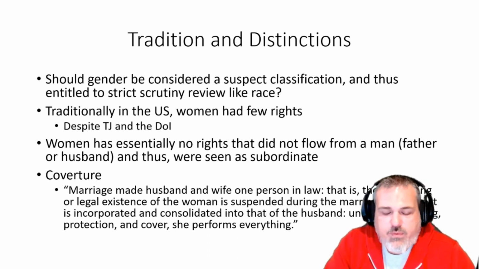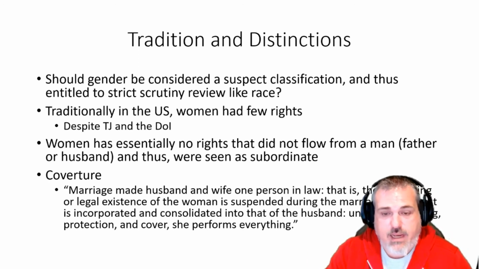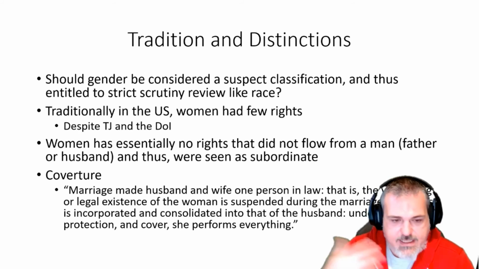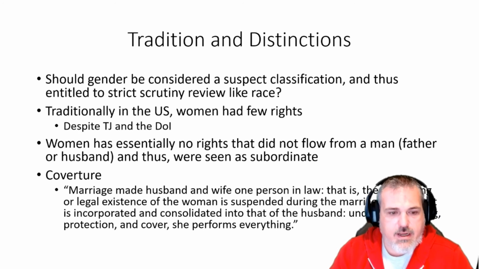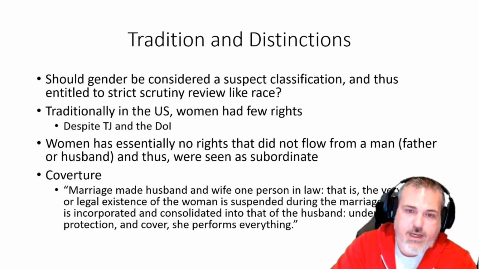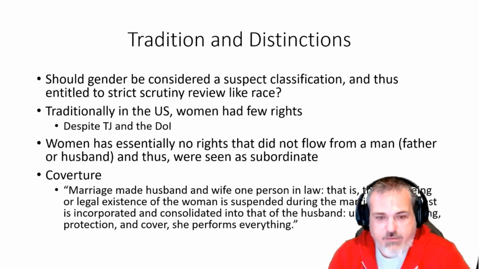One of the interesting distinctions of our life under British rule versus our life as a free nation is that when that transition happened, when the United States came into existence and we shed our colonial vestige, women actually lost rights. Women actually had more rights under the crown than they did under the United States government.